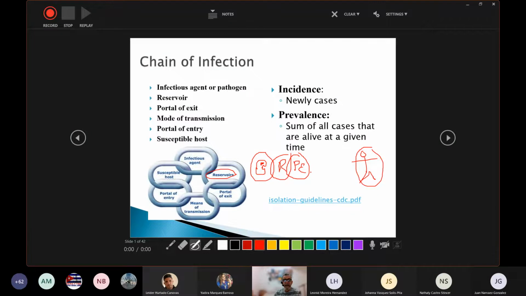The following link: once the bug who was living in the reservoir leaves through the portal of exit, it needs to travel to the human. And this is called the mode of transmission, which is very important.